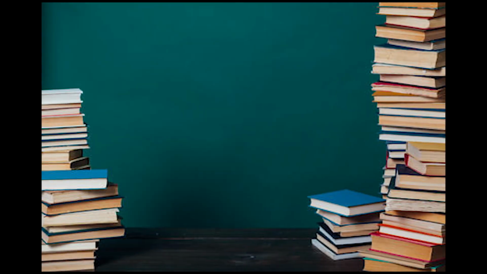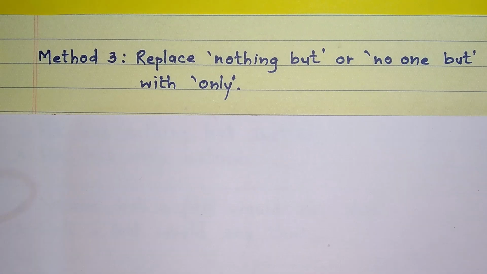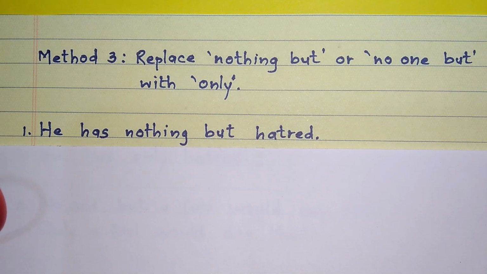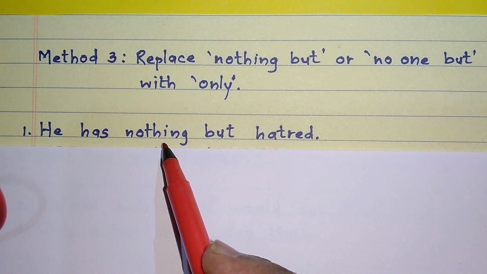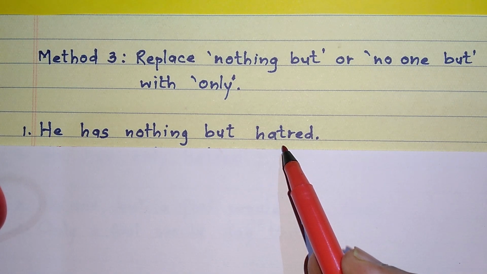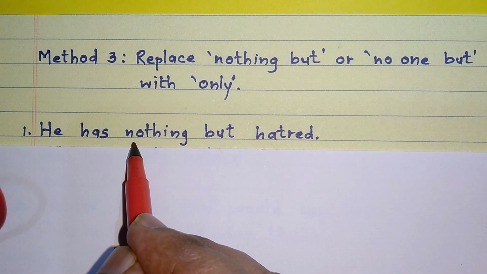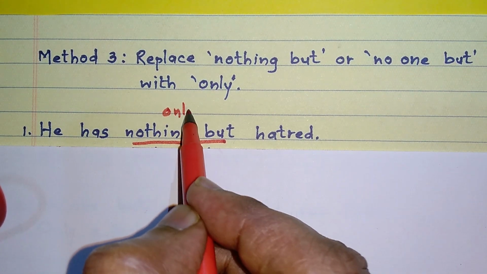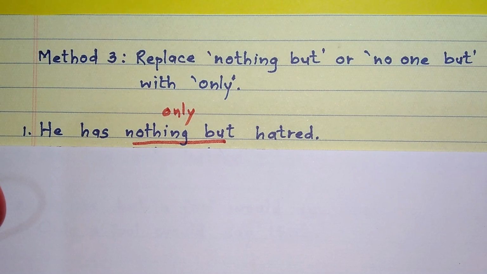Now we start with a third method, that is replace nothing but or no one but with only. Let's do some examples. He has nothing but hatred. Nothing is a negative word, so the sentence is a negative sentence. We replace nothing but with only. So the answer is he has only hatred.